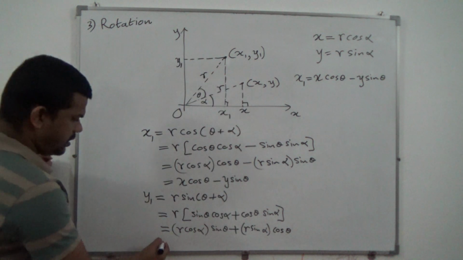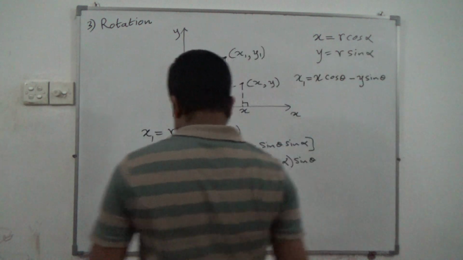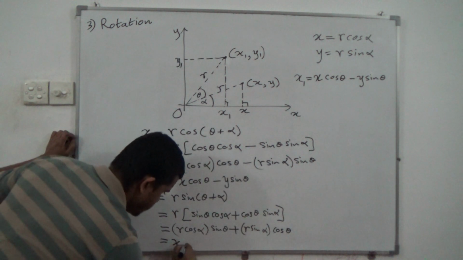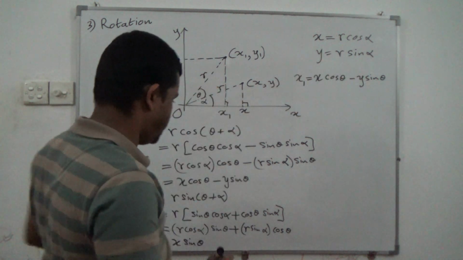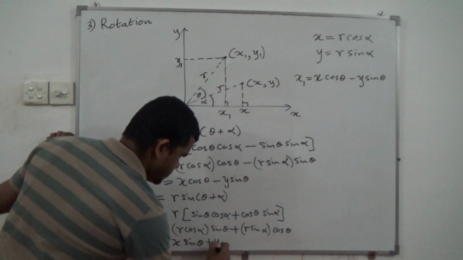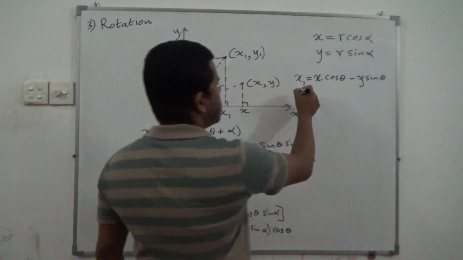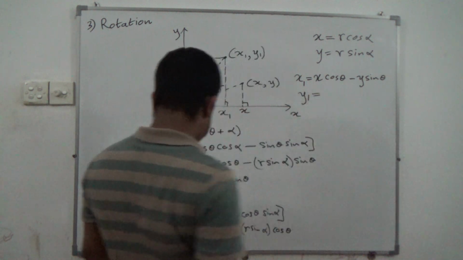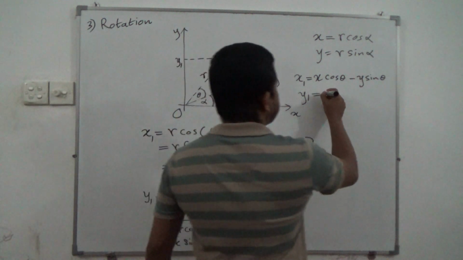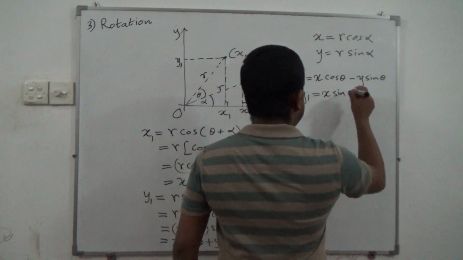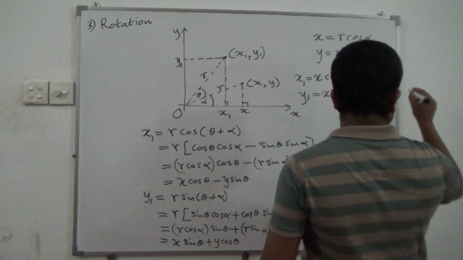So here we have r cos alpha, we can put x sin theta, r sin alpha we can put y cos theta. So now we can write down y1 as x sin theta plus y cos theta.